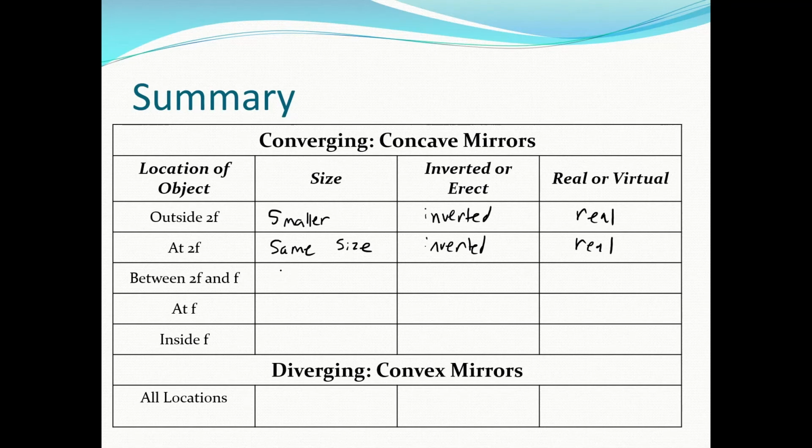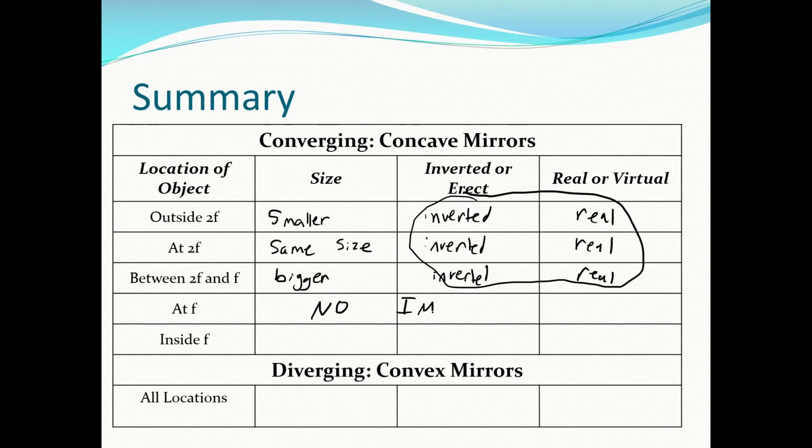And if we're between 2F and F, we are bigger, we are inverted, and we are real. You can see with all three of these, they're all inverted and real. So we just get bigger as we get closer to that focal point. And then as we get to that focal point, we see that we get no image there.